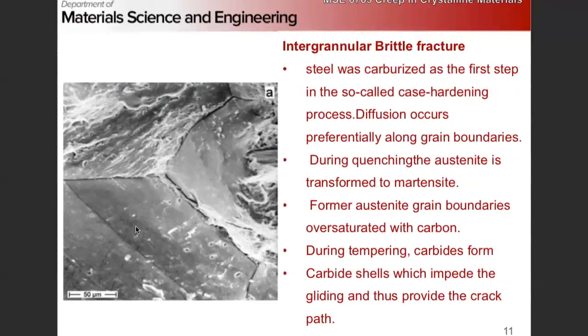So instead of the tempered martensite structure failing like we saw in the previous one, now we have an incredibly weak grain boundary path to go along.